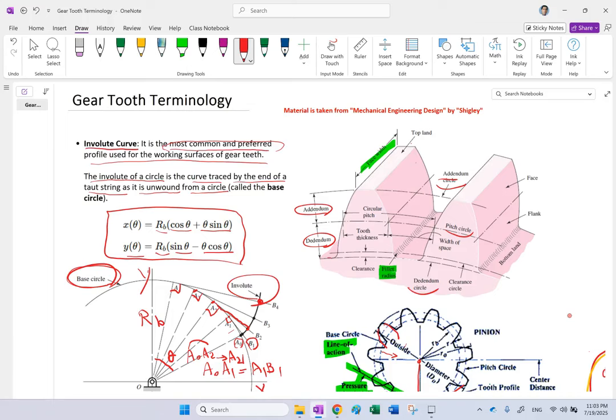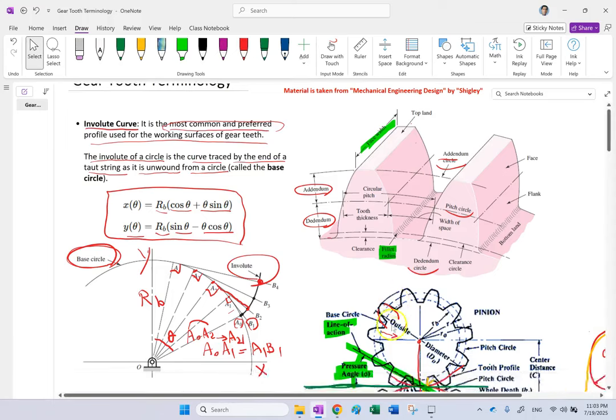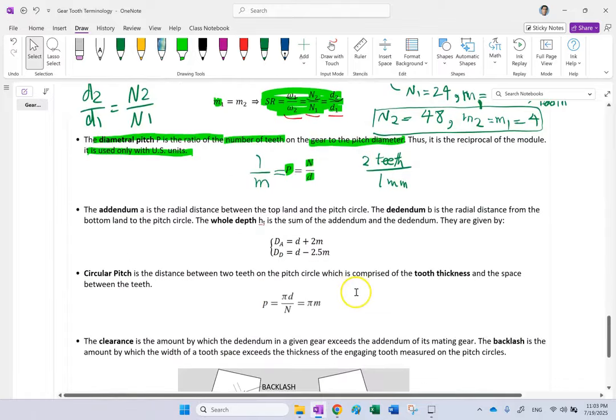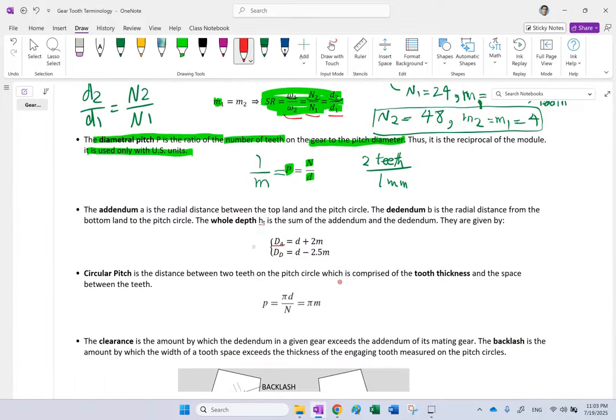These two values, addendum and dedendum, you can show that for a gear in the SI system, the diameter of the addendum circle is given as the diameter of the pitch circle plus 2m. This 2m is your addendum itself. And diameter of addendum circle is D plus 2m.